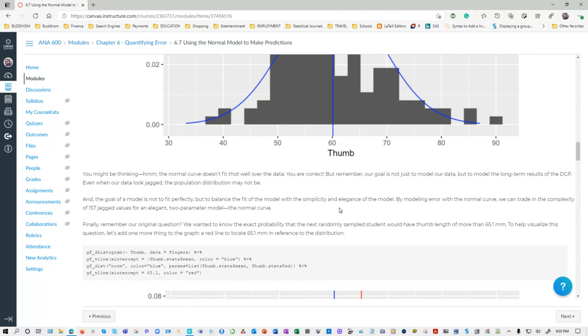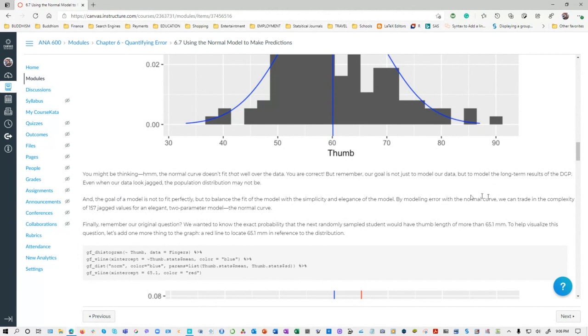By modeling error with the normal curve, we can trade in the complexity of 157 jagged values for an elegant 2-parameter model, the normal curve. That's what they say.